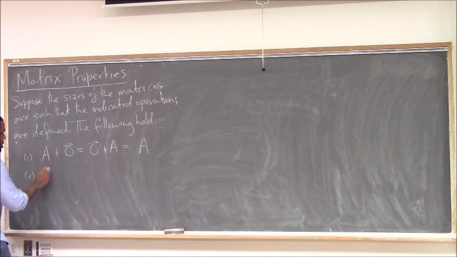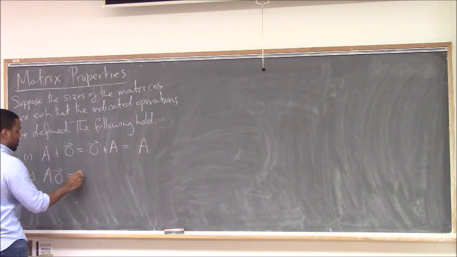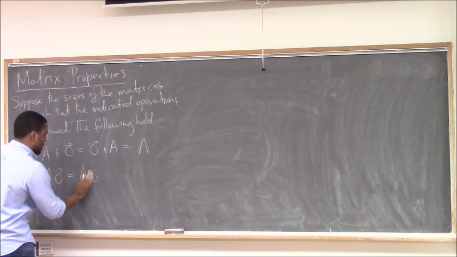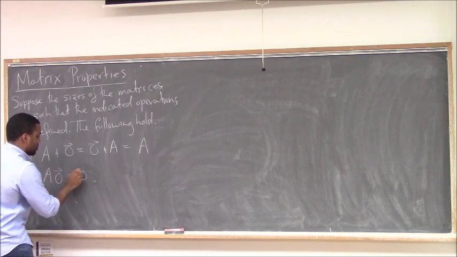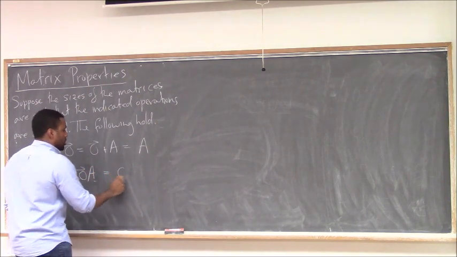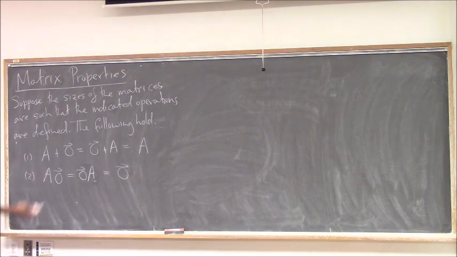Two, if I multiply by the 0 matrix on either side, I get the 0 matrix. And again, dimensions are of concern here. So if this is an m by n, then this 0 matrix has to have n rows.